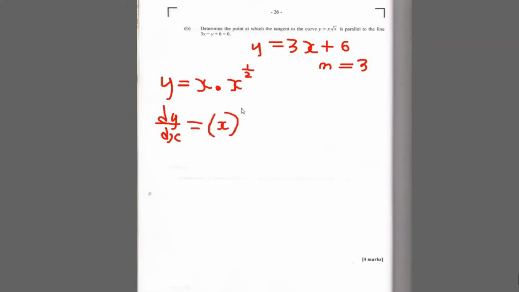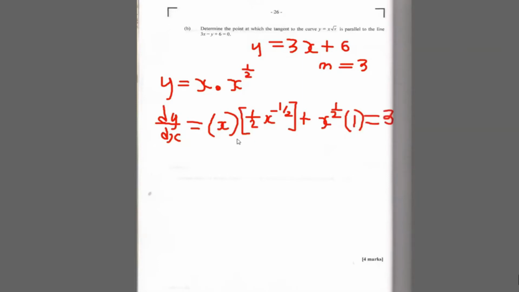The differential of the second is carry down the power, which is a half, subtract 1 from the power, which is x to the minus half, plus, keep the second, x to the half times differential of the first, which is 1, and we're going to set dy by dx equal to 3. Then we're going to solve for x.